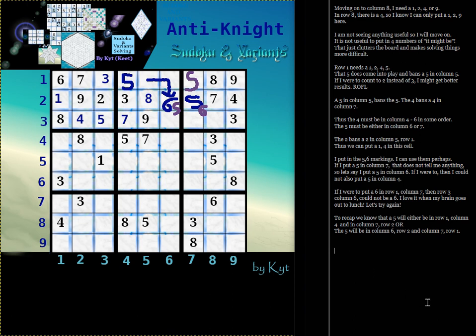Okay, there. You can see now what might be true. Either a 5 in column 4 and 7 with the 6 in column 6, or the 5 goes in columns 6 and 7 with the 6 in column 7.